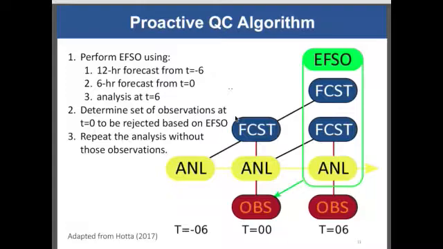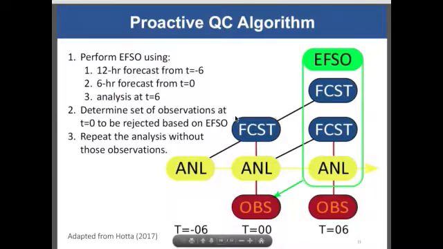So the algorithm is that we have a normal data assimilation cycle where we start from here. We have an analysis and we make forecasts, and then we obtain the observations here and make the analysis again, and then the forecast. So suppose that we want to do EFSO and PQC at this time here.